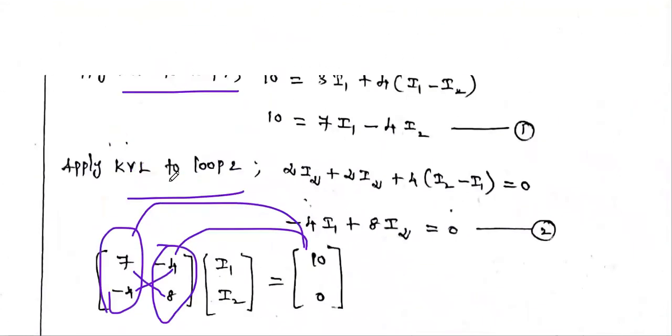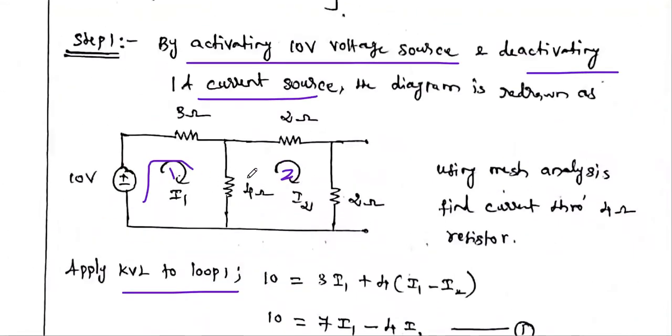So what is our aim? Our aim is to find the current flowing through this 4 ohm resistor. This 4 ohm is common to loop 1 and loop 2. The I1 current is flowing in this direction, and the I2 current is flowing in this direction.